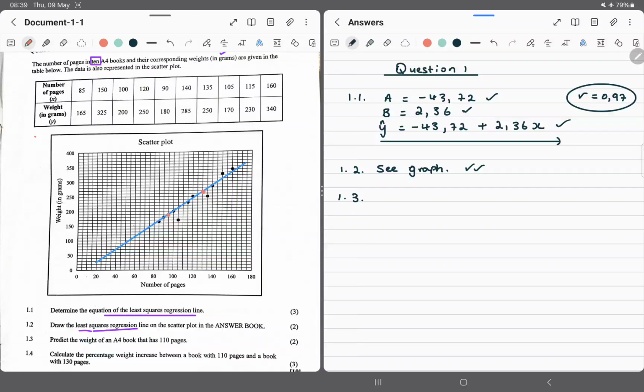1.3 says predict the weight of an A4 book that has 110 pages. So that's fine. We know that we have this equation here. And then this is going to be 110. So let's see what the calculator says about that.